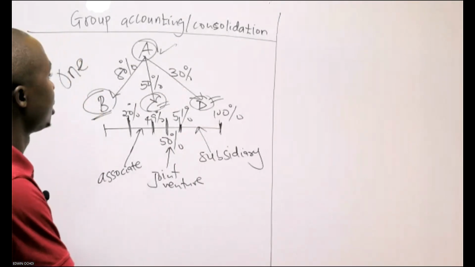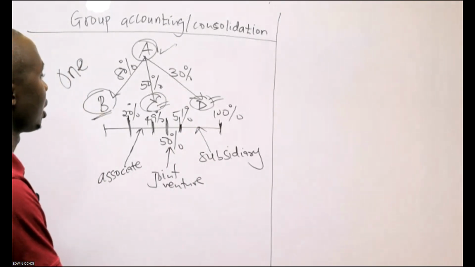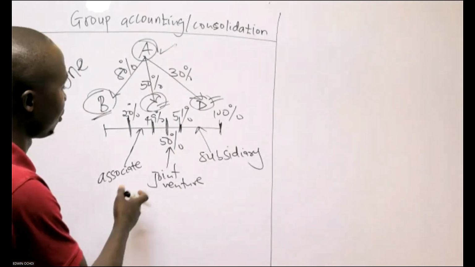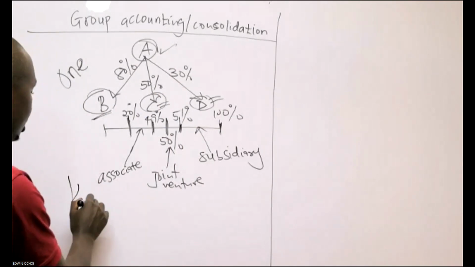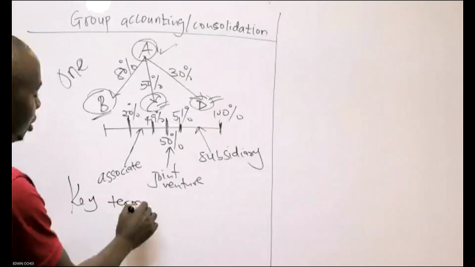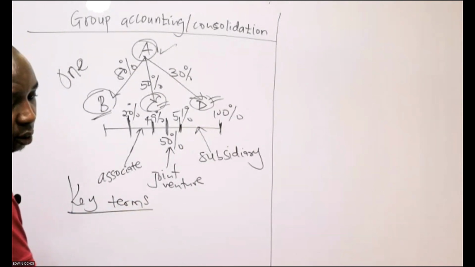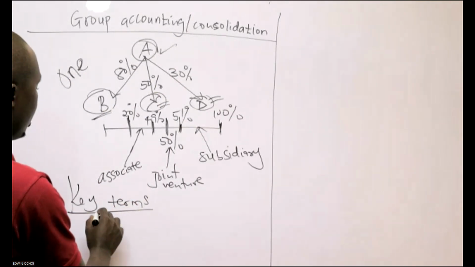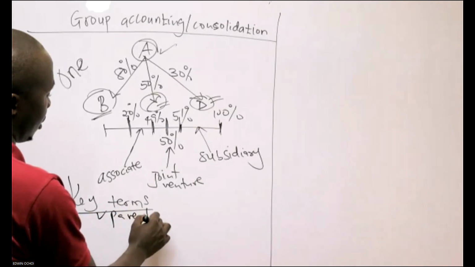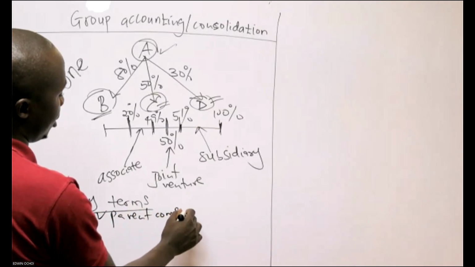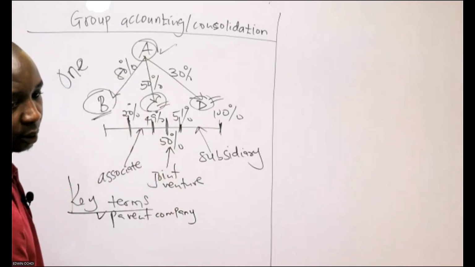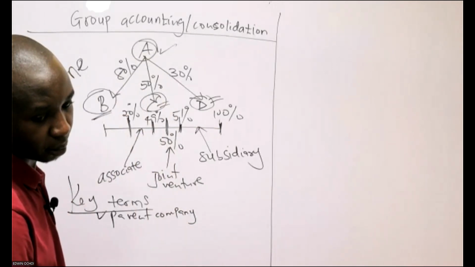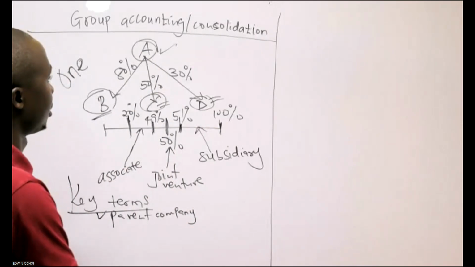All right, so these key terminologies, which you will be coming across, some of them I've mentioned here. Key terms: we have the parent company. The parent company is the one which acquires the others, the acquirer.